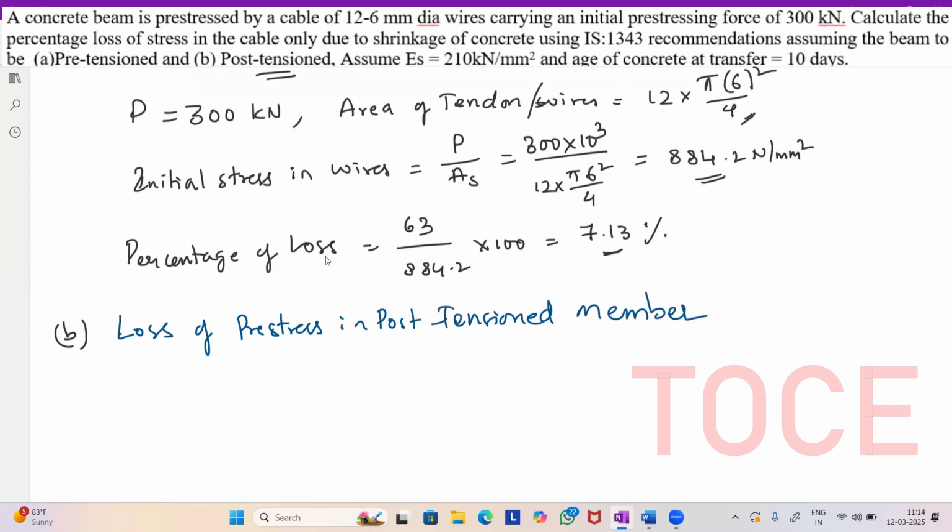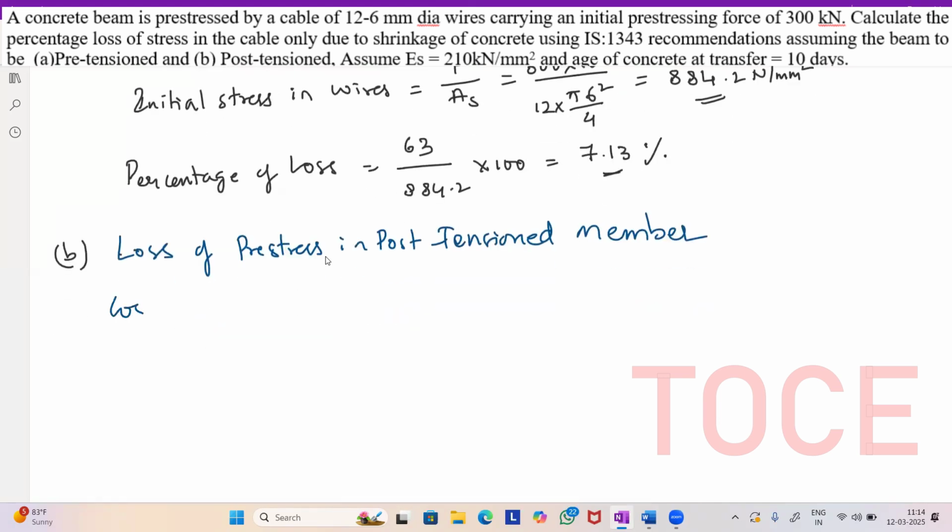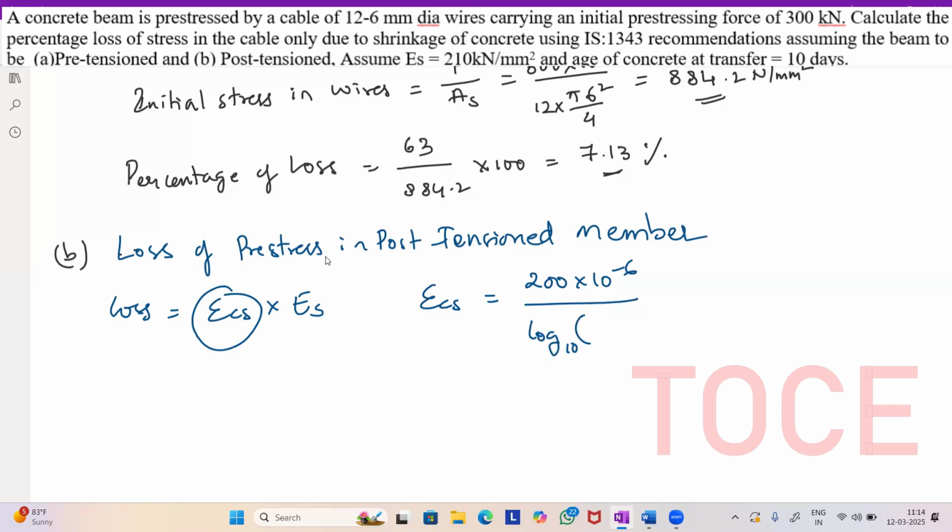We are going to use the same formula: loss is equal to ultimate shrinkage strain into Young's modulus of steel. But here we need to find the ultimate shrinkage strain as per IS 1343. The ultimate shrinkage strain is equal to 200 into 10 to the power of minus 6 divided by log base 10 of (t plus 2). This is the formula according to IS 1343.